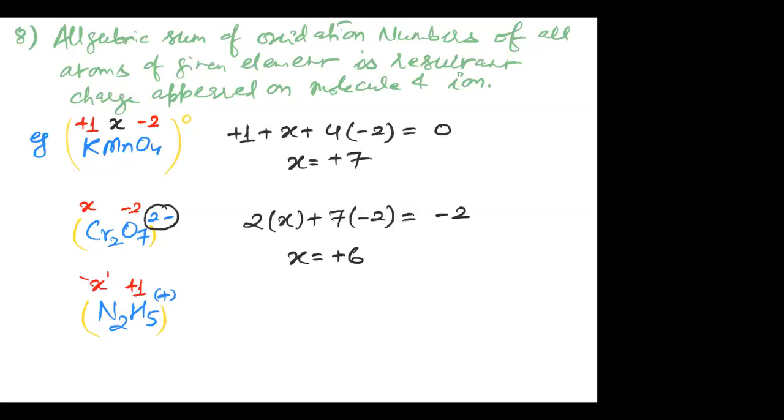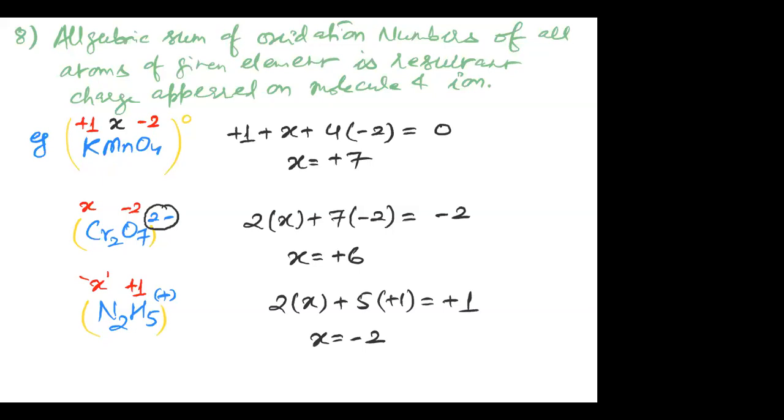So it is twice of X plus 5 times of +1 should be its resultant charge as +1, and the value of X is going to be, let's say, -2. So the oxidation number of nitrogen is going to be -2 here.